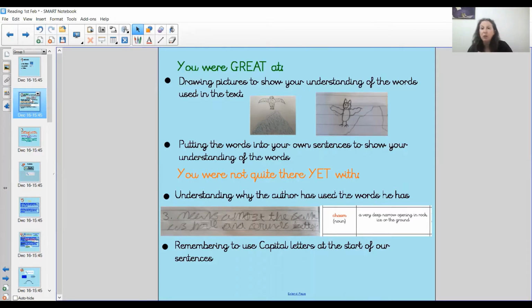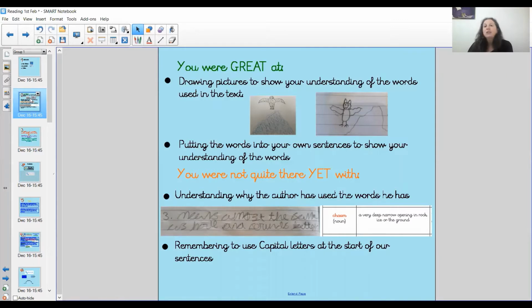So he used that word to describe the size of the opening, to show you that it was very deep and very narrow, as opposed to it just being a hole. And a hole could be anything. It could be little or it could be big. So he used the word chasm in order to show the size of that narrow opening in the ground.